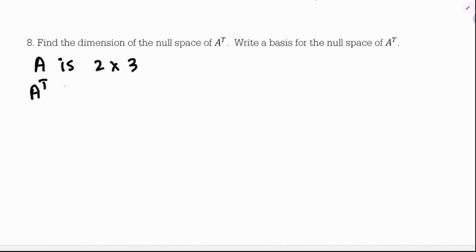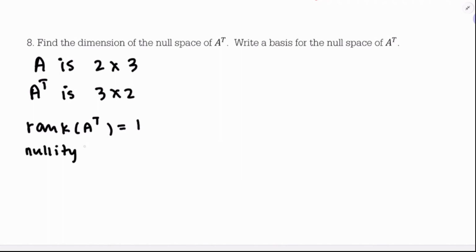That means A transpose is 3 by 2. So it has 2 columns. We already determined that the rank of A transpose is going to equal 1, because the rank of A was 1. And if A transpose has 2 columns, that means the nullity of A transpose is also going to equal 1. So that's the dimension of the null space of A transpose.